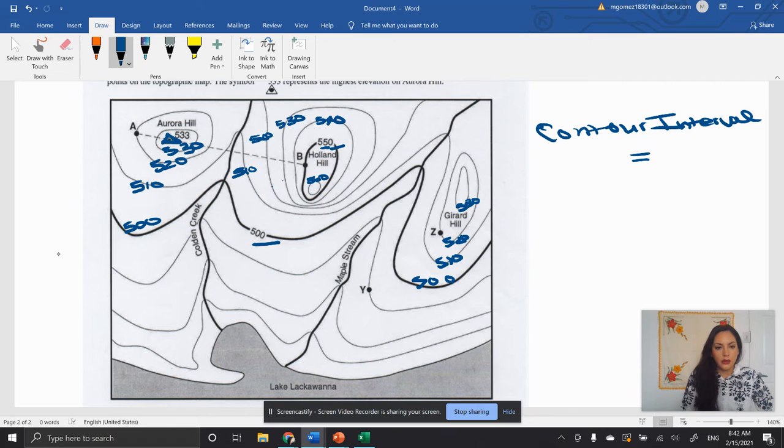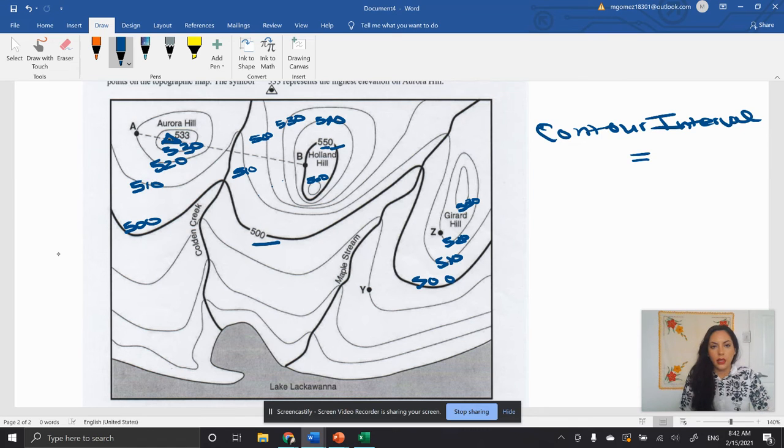All right, so what about if you go down? Just like you add 10 as you go up the mountain, you're going to do the opposite when you go down the mountain. You're going down in elevation, vas bajando la montaña. Entonces, ¿qué vas a hacer en vez de sumar? You're going to subtract.